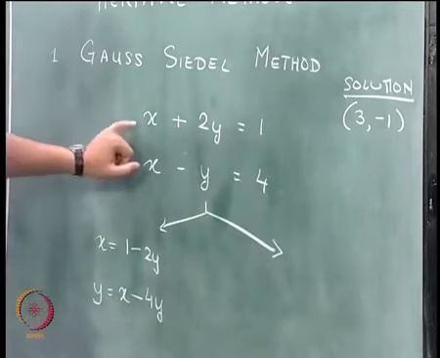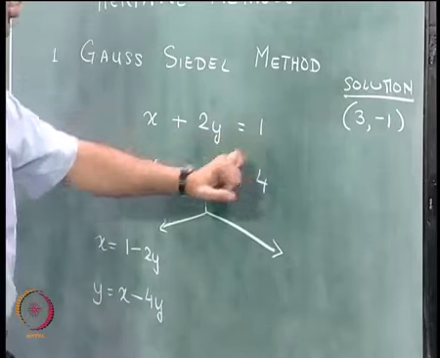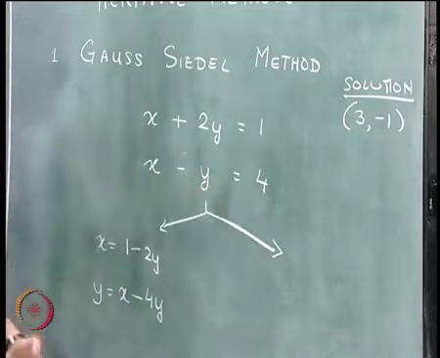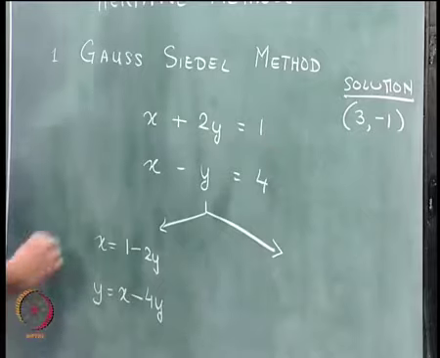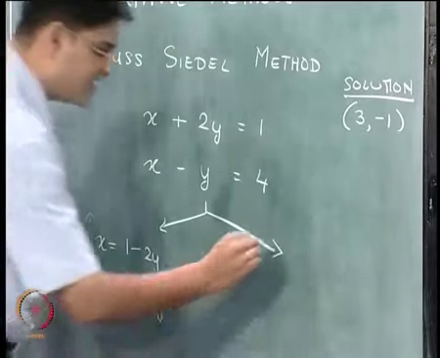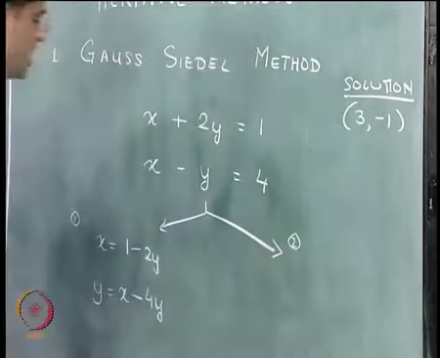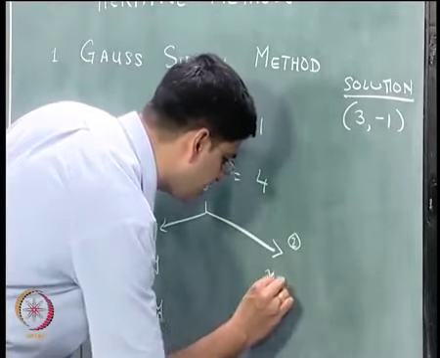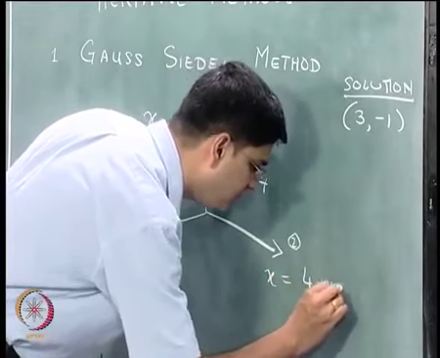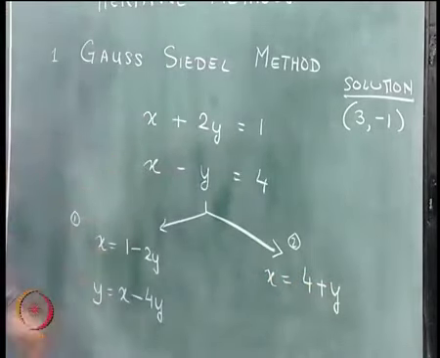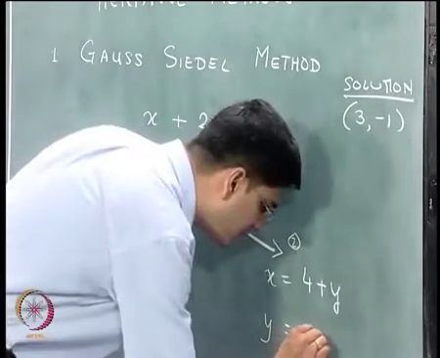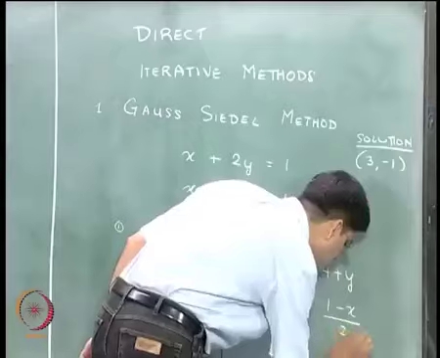So what we have done is we have used the first equation to express the result in terms of x, and the second equation to express the result in terms of y. That is one way of rearranging these equations. The second way is to use the second equation to obtain x, so x equal to 4 plus y, and the first equation we write as y equal to 1 minus x divided by 2.